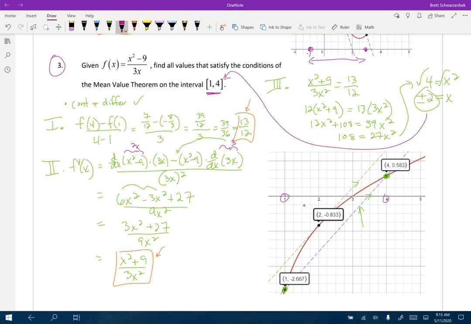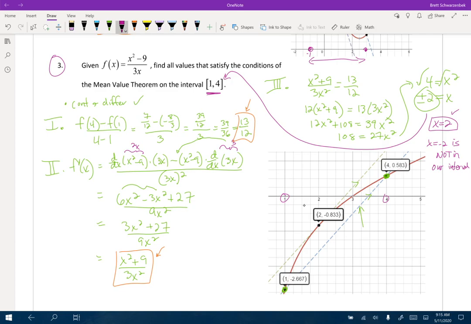So it appears that x equals 2 is an answer, but note that x equals -2 is not in our interval, which means it is not an answer to our problem. Okay, which means our only solution is x equals 2.